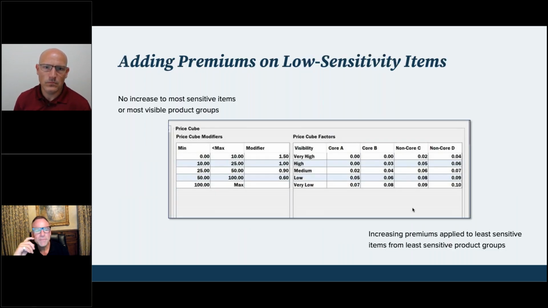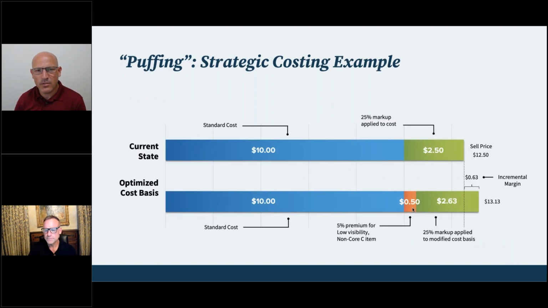Marshall, do you want to talk a little bit about the puffing matrices? Yeah, and real quick on that, one of the great things about puffing: when we talk about customer specific pricing, a lot of times those are treated as formal pricing agreements.